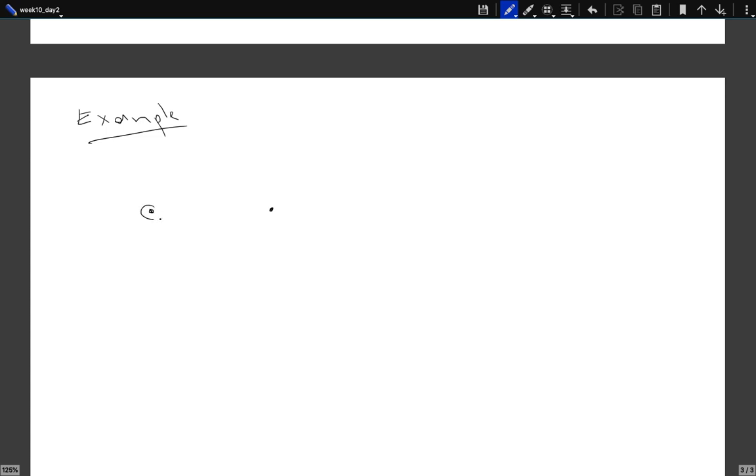Here there is a current out of the screen with a current I. Here the current is running into the screen with I. Midway, this is the point A. What is the magnetic field at the point A? Let's call the whole distance L.